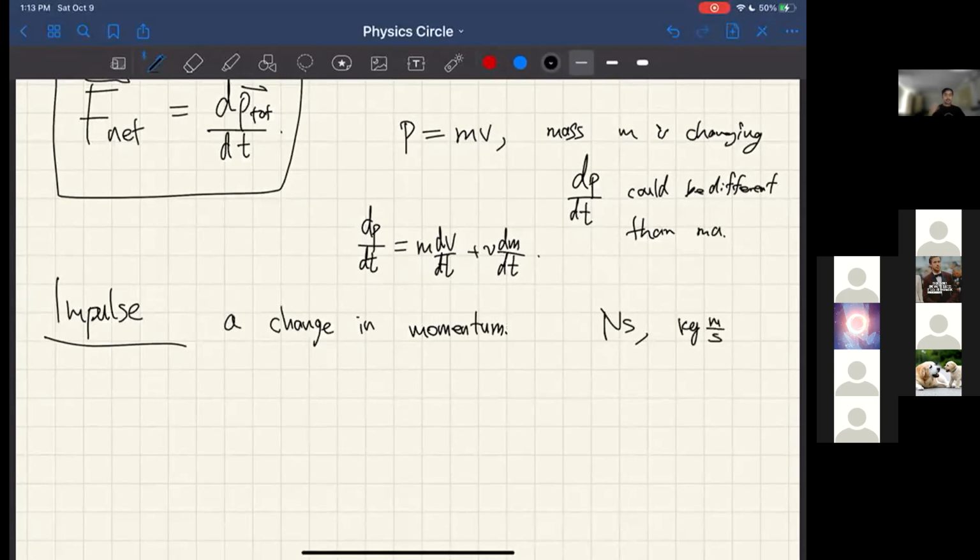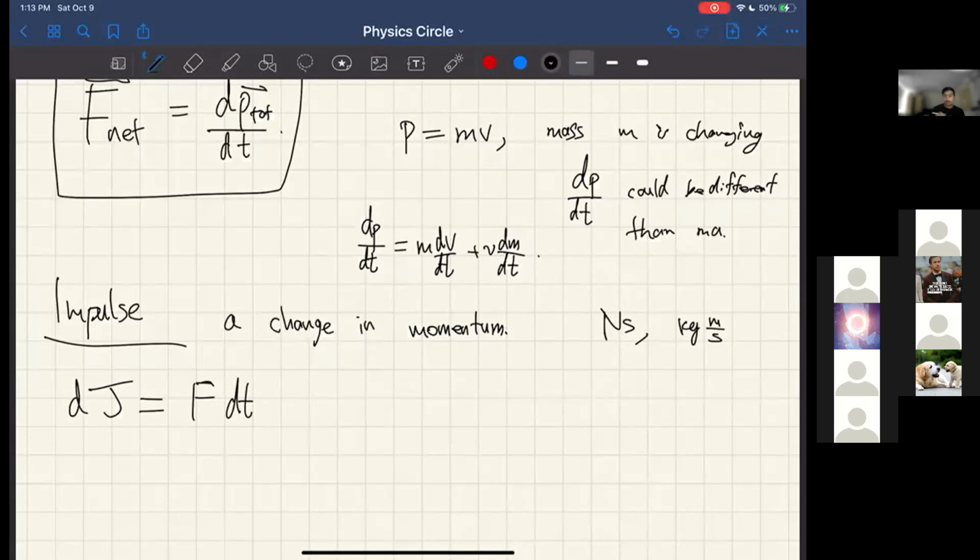If I say there are 20 Newton seconds of impulse, then I'm generally saying that I change the momentum of an object by 20. This is because we view the infinitesimal impulse as F dt.